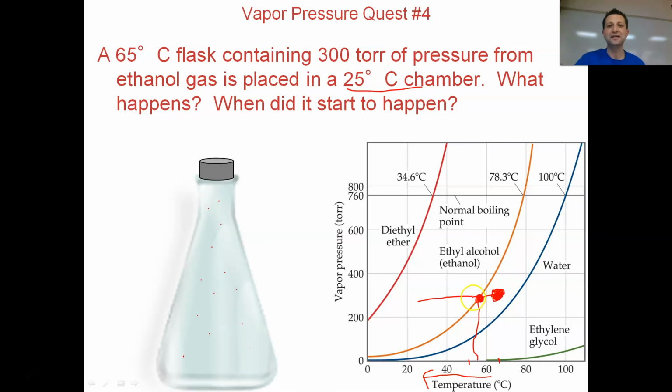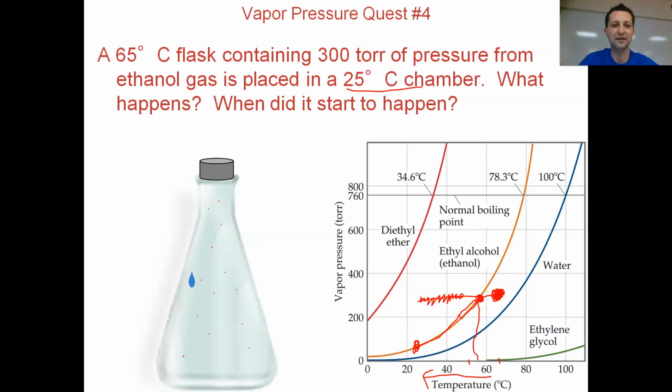Now, as I decrease my temperature, look what happens. I maintain my saturated solution all the way down to here, where I'm at that 25 degrees Celsius mark. So my vapor pressure will start to decrease, and it started to happen at about 55 Celsius.